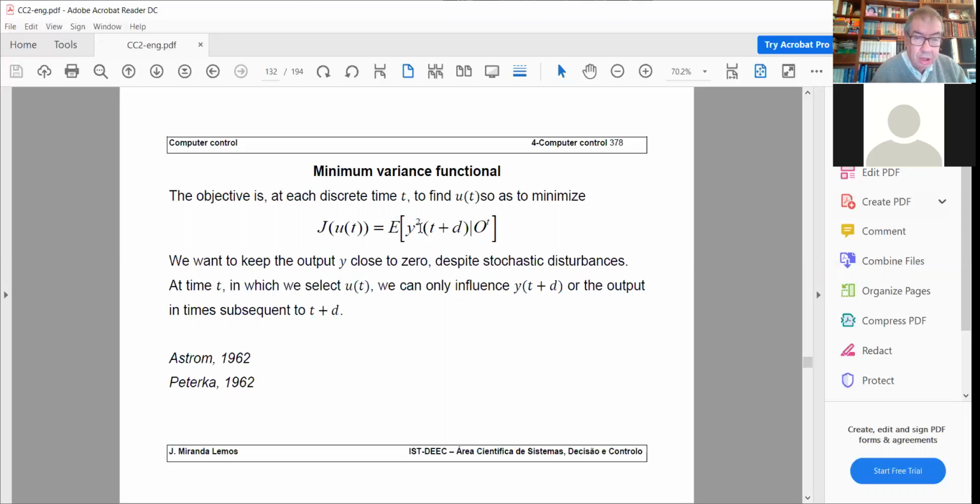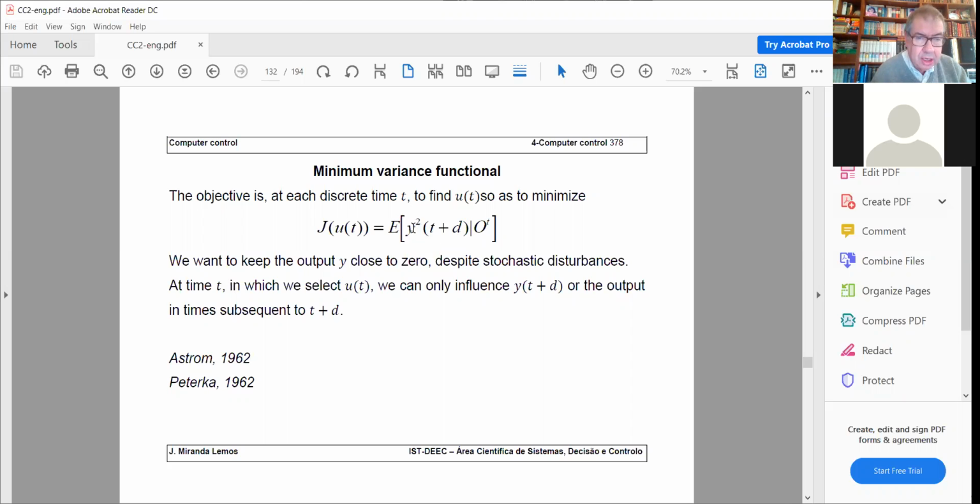So driving the output to 0 is driving your full output to the operating point. That's why we do this. And this is nothing more than the conditioned variance of the output. So it's a power of the fluctuations. You want to have fluctuations around 0, that is to say around the operating point, of the least possible value.